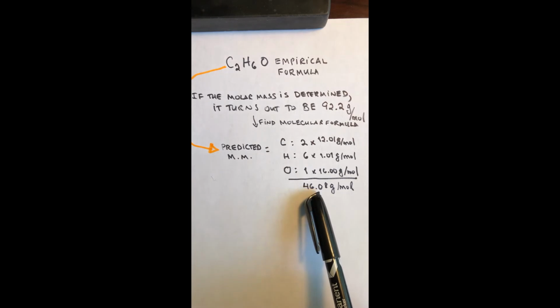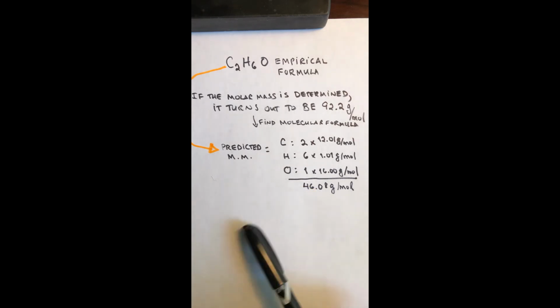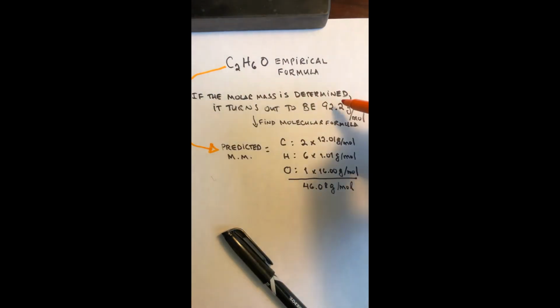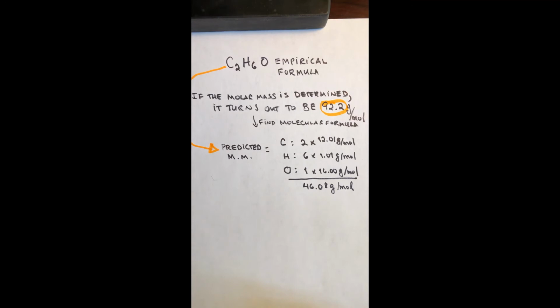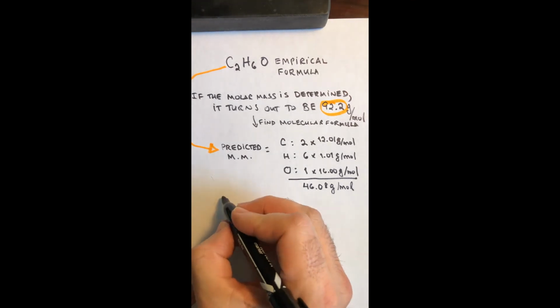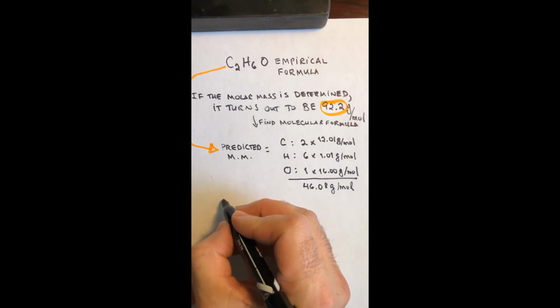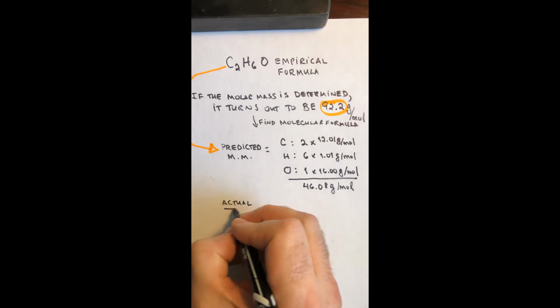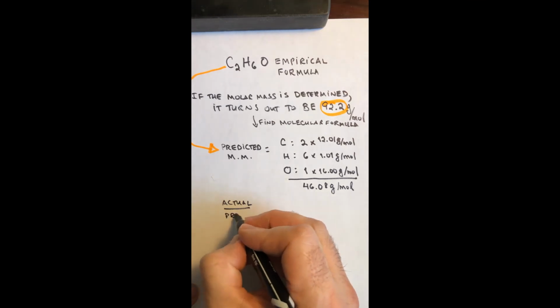But notice that it gives us 46.08, whereas the experimentally determined molar mass was 92.2. So we take the real, actual, determined value and divide it by the predicted one.